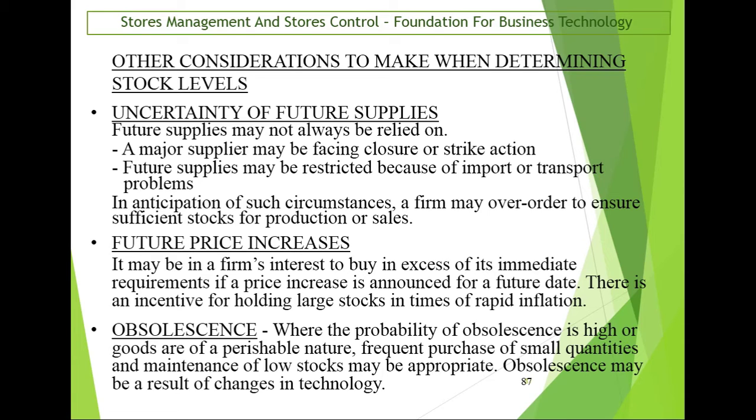Also, future supplies may be restricted because of import and transport problems as well. They may also be restricted even by pandemics that close and lock down borders. So in anticipation of such circumstances, an organization may overorder to ensure that they have sufficient stocks for production or sales, just in case there is a crisis with their supplier.